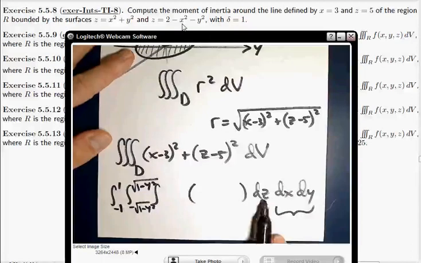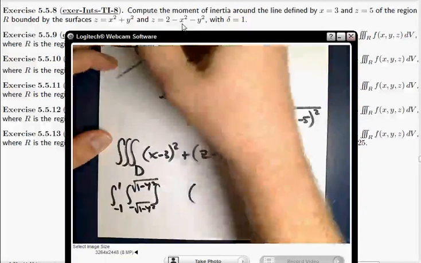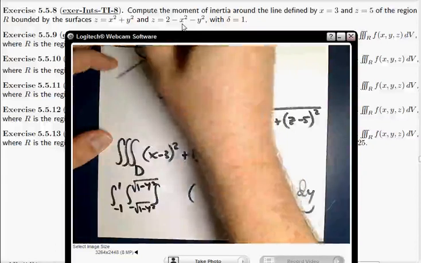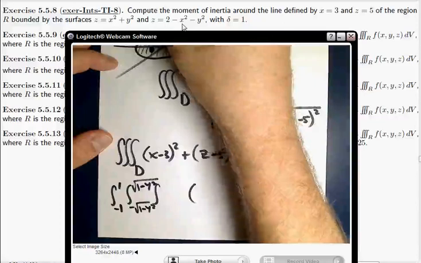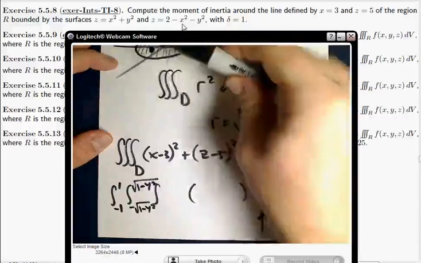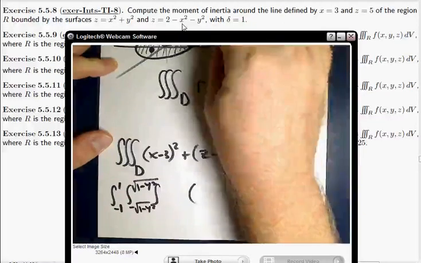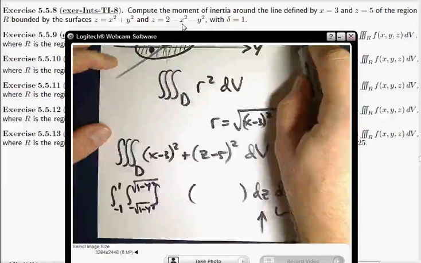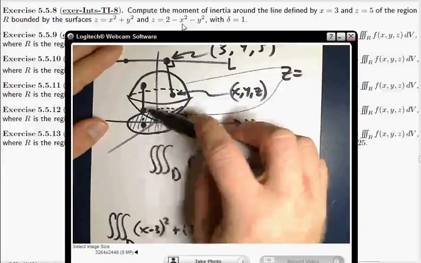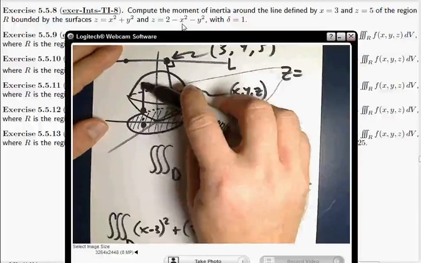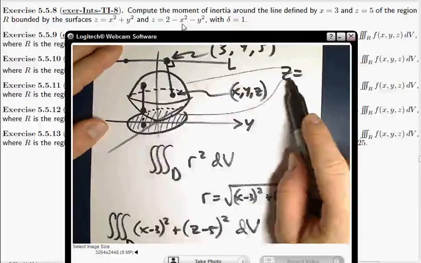And then what's the range of values for z? Well, for some x and y down here, z is going to go from the bottom surface up to the top surface. For any given value of x and y, z goes from the bottom surface up to the top surface, and on both of those surfaces I've already solved for z.